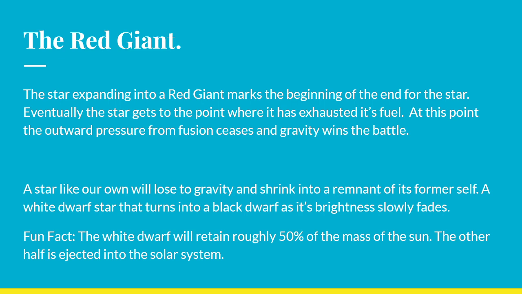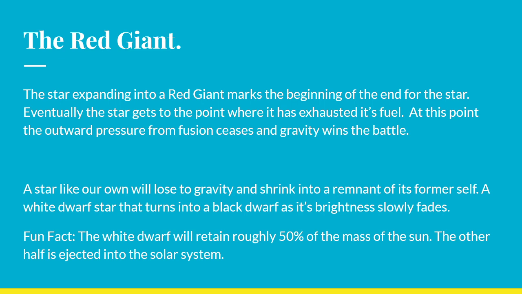And so the white dwarf star, in fact, eventually turns into a black dwarf star as its brightness just slowly fades over time. The white dwarf star will retain around 50% of the mass as it shrinks, and the other half is just ejected into the solar system. All that carbon and oxygen ejected into the solar system.